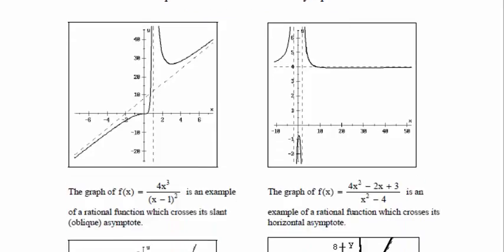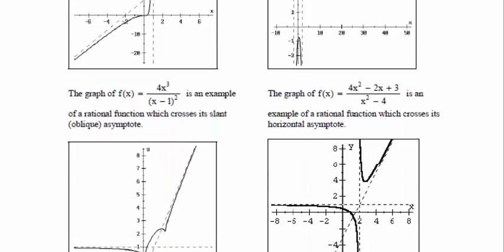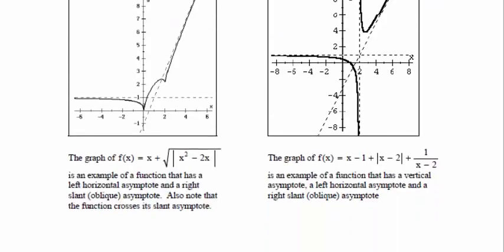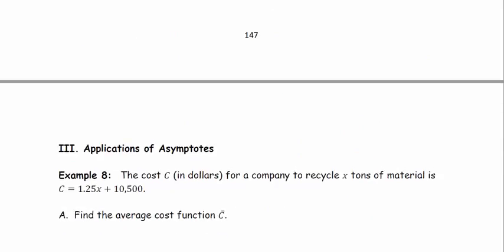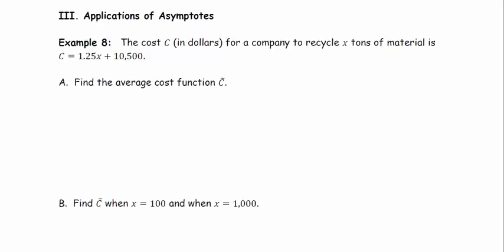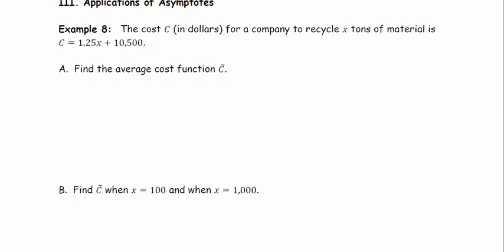These are nice looking graphs, but they still reiterate the same point: a graph can cross its horizontal asymptote but not its vertical asymptote. Now for everyone's favorite part, the application of asymptotes.